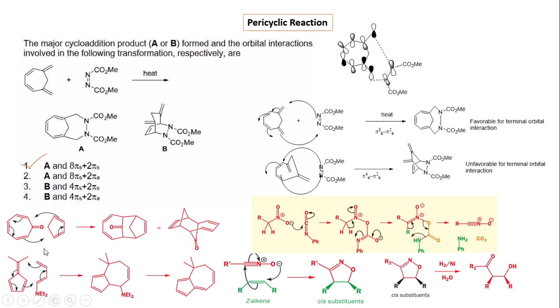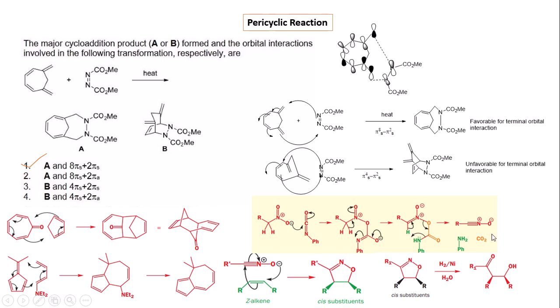Here some examples have been taken from the Clayden book, where the terminal orbitals participate in the cycloaddition reaction between the tropone system and the cyclopentadiene system, and we get the bicyclic ring system. Similarly, a fulvene system and a diene also participate in a similar cycloaddition by terminal orbital interaction to get the bicyclic compound.